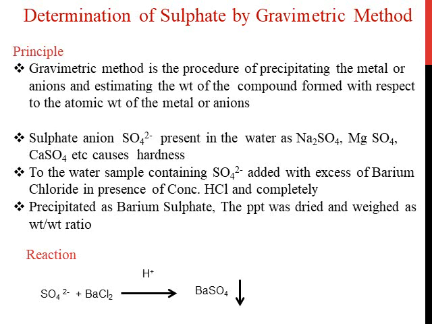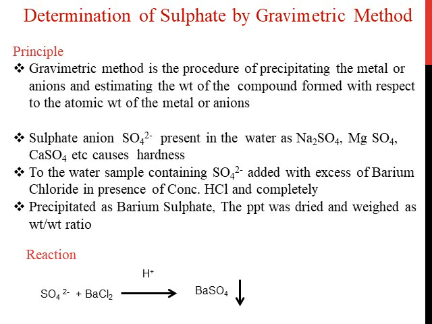To a known amount of water sample containing SO4 2-, excess of barium chloride is added in the presence of concentrated HCl. So in an acidic medium, excess of barium chloride is added and the sulfate is completely precipitated in the form of barium sulfate.